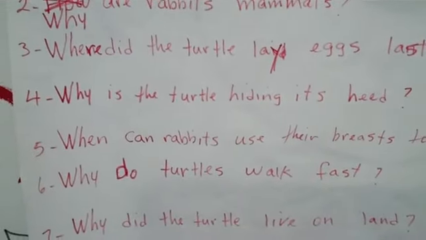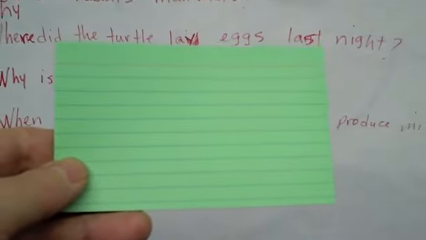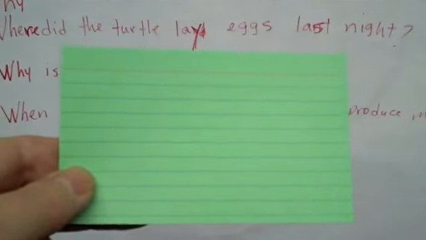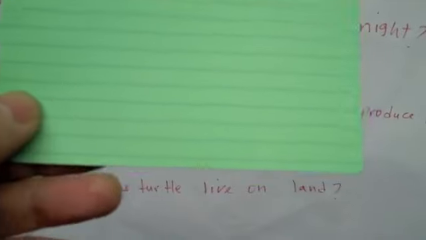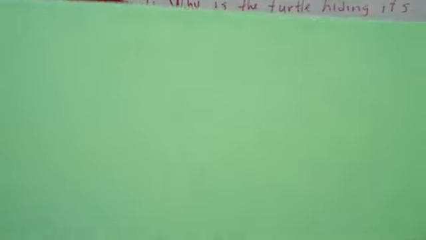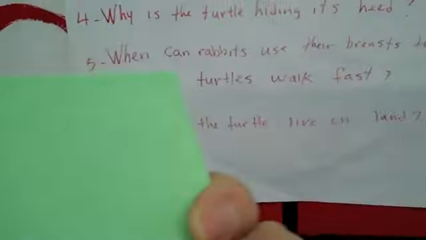I'm going to call on a student at a time, and they're going to tell me which question they think is interesting that they would like to ask. Then they're going to write the question on the index card on the side that has the lines. The answer is going to be put on the other side. So there will be the question and the answer.